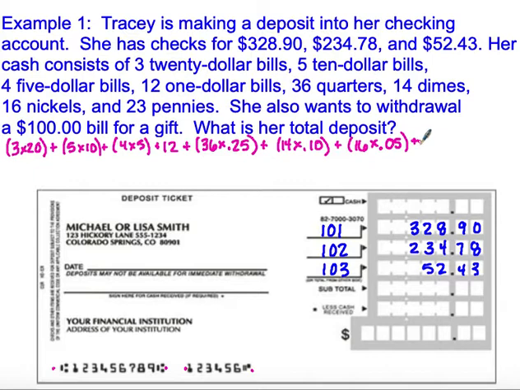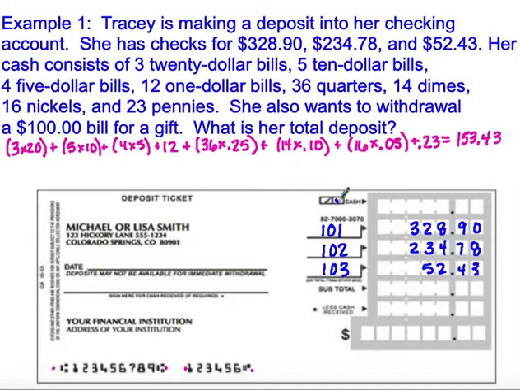And 23 pennies. So I'm just going to put 0.23 cents. So we want to total all of that. That's her currency and that is her coins. So that gives us a total of $153.43 in cash. That's going to go in the first box.